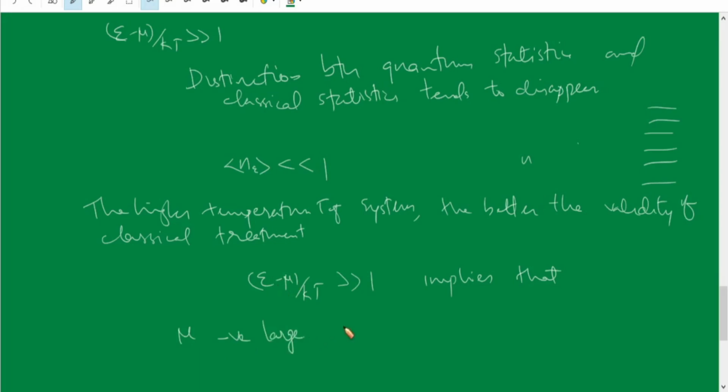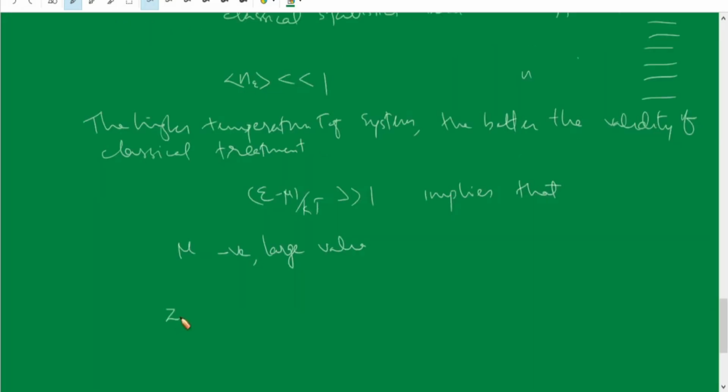What is Z? Z is equal to e raised to mu divided by kT. This mu has a large negative value, so Z is e raised to some minus x, where x is very large. So e raised to minus x is 1 divided by e raised to x, very much less than 1.